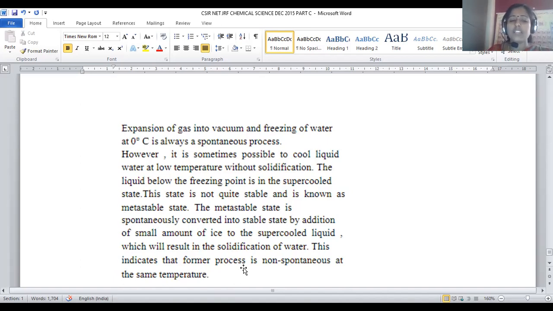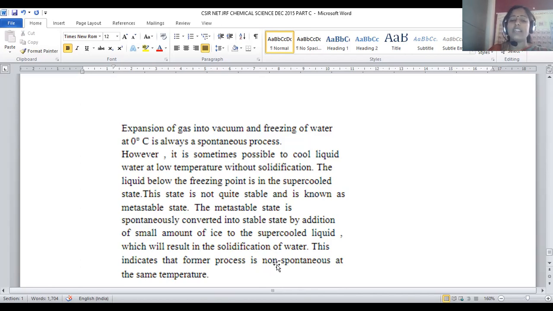This process happens only by adding a piece of ice. That means we are intentionally adding a small piece of ice to that, so it is non-spontaneous. It is not occurring in nature; we are just doing it, right? So the solidification of metastable water into ice is a non-spontaneous process.